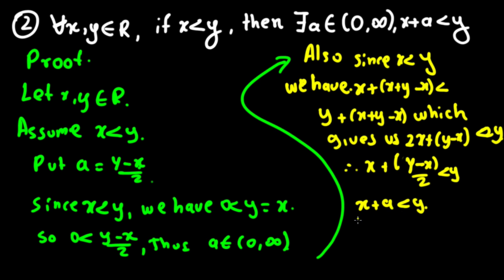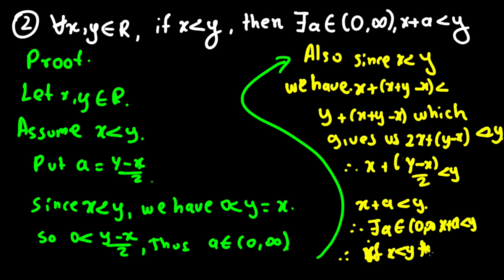Okay, therefore there exists an a belongs to (0, infinity) such that x plus a is less than y. Therefore we can say if x is less than y, then there exists an a belongs to (0, infinity) such that x plus a is less than y.